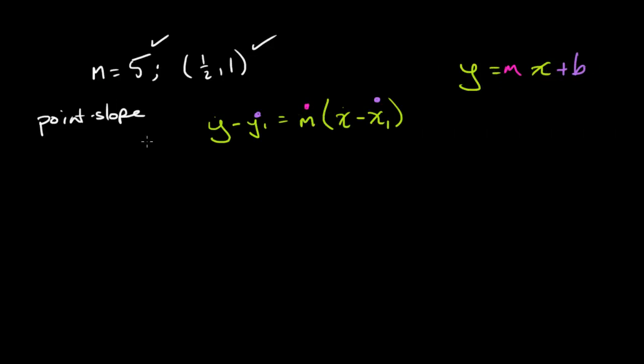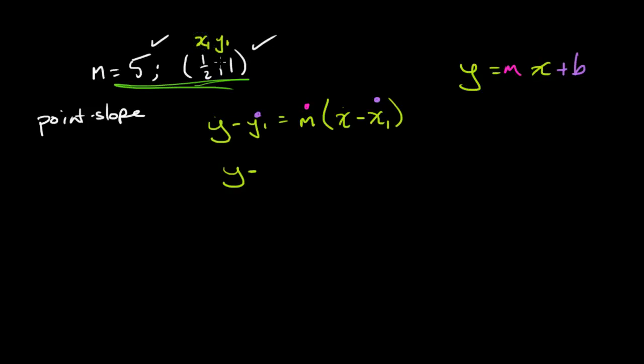So let's give it a shot. Let's see what it looks like, substituting this information into this form of the equation. Okay, so y is our generalized y minus, now this y1 and this x1, they come from a specific point.